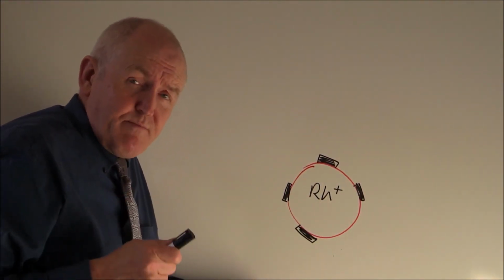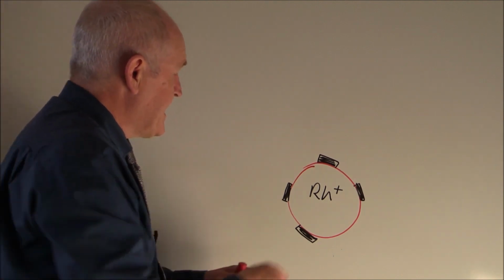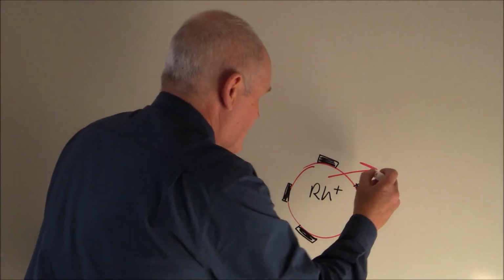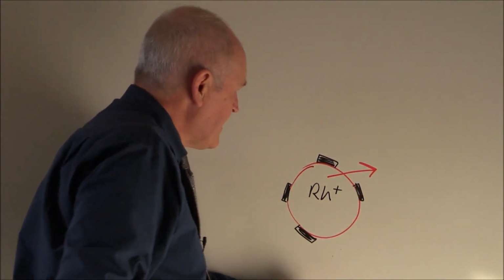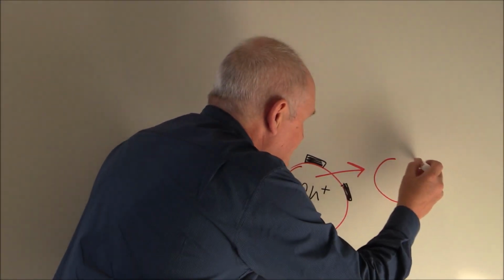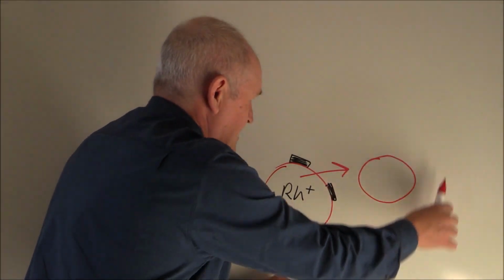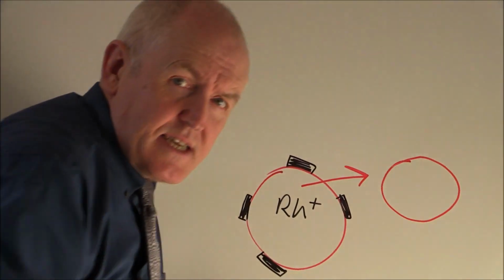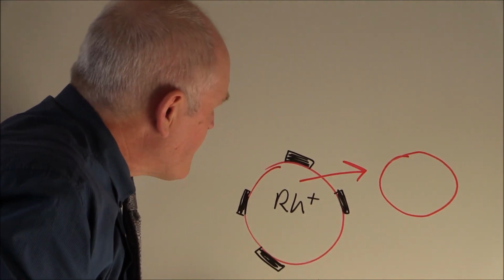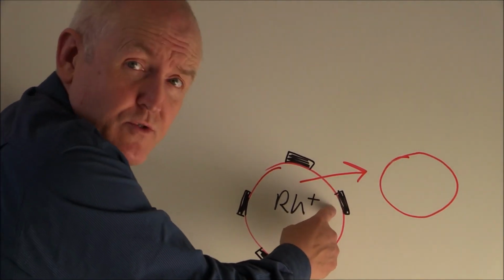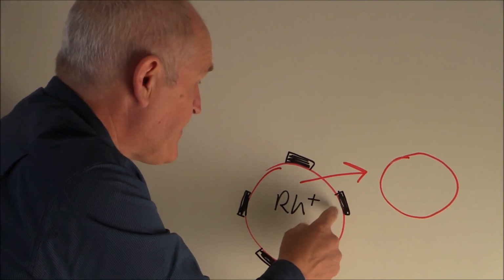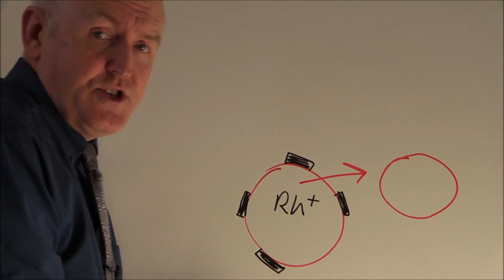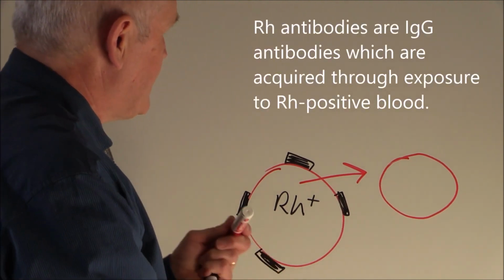But if rhesus positive blood is mistakenly given to someone who is rhesus negative via a blood transfusion, or from a fetus, and we give that to someone who has rhesus negative blood, they have no rhesus factor. Before, they had no rhesus factor antibodies in their plasma. But now, if they're exposed to the rhesus factor antigen, they will produce rhesus factor immunoglobulin type Gs. They will produce IgG antibodies.